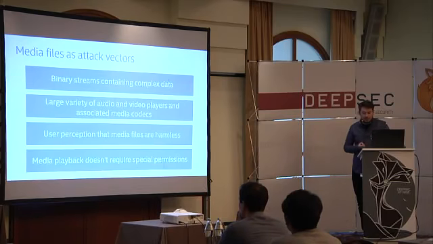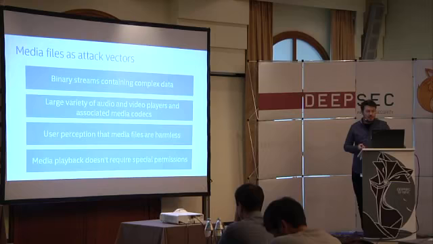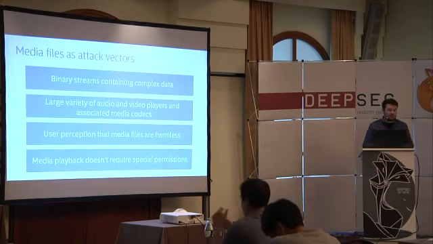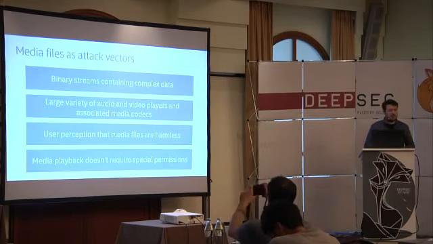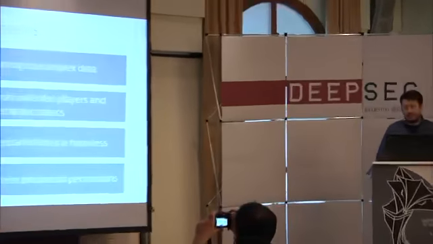There is the fact that, generally speaking, audio and video files are binary streams that contain complex data. There are a lot of specialized components that handle the parsing of these files, and because of that, there is the probability that when parsing these files, memory corruption issues may occur.